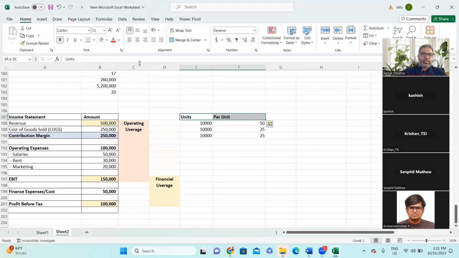We'll keep on explaining this example. You have a total of 10,000 units which you have sold, the sales price is $50 each, and the variable cost is $25. So your contribution margin per unit is $25, right?